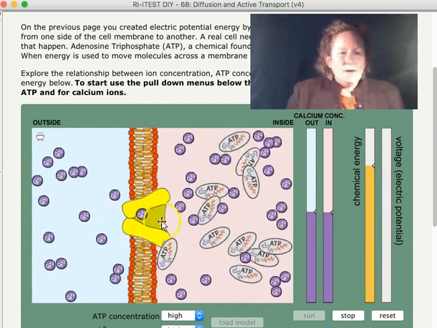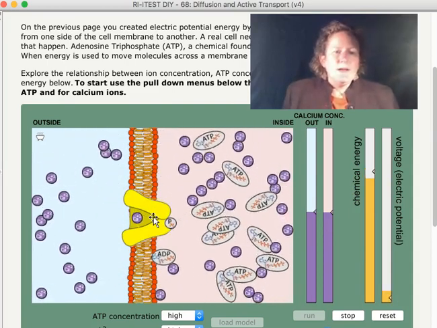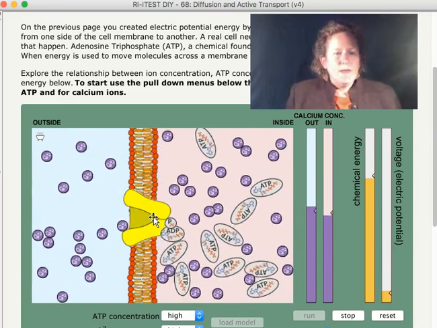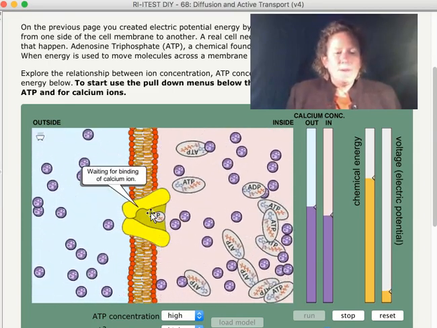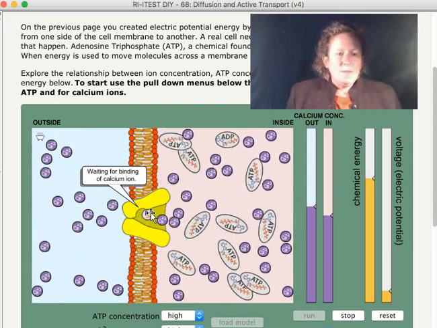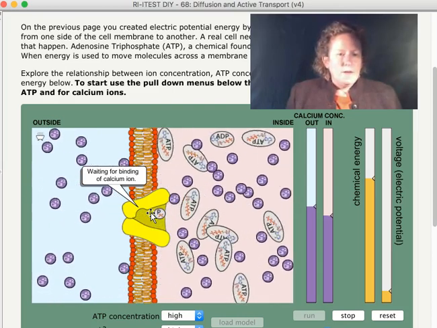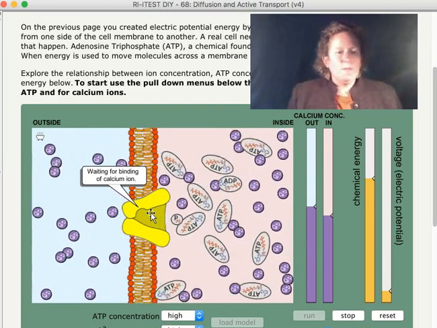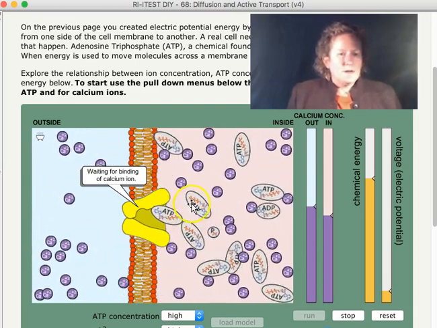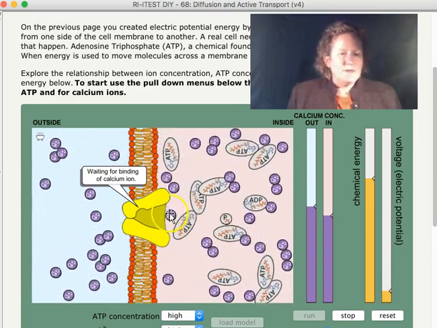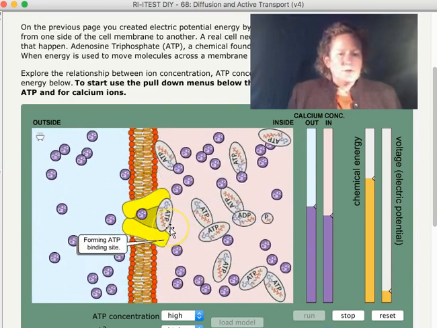What's happening here is in order to get across the membrane, calcium can't go by itself. It needs to use this pump. And what happens to the pump here is it waits for a calcium molecule to bumble in there. The phosphates aren't going to do. It's especially shaped so that calcium fits in there. And it's also charged.